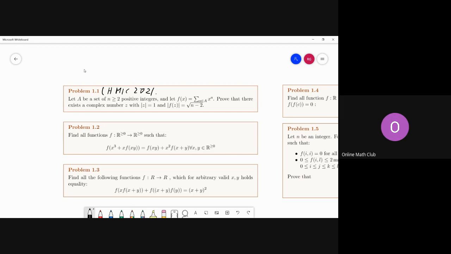I don't know which problem. HMIC is the Harvard-MIT Invitational, the second round of HMMT. It can sometimes require fancy things, but not really.